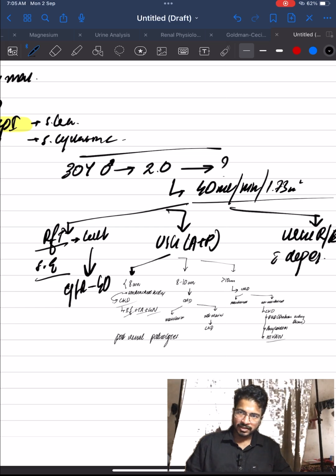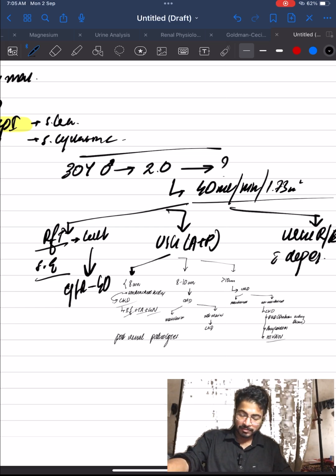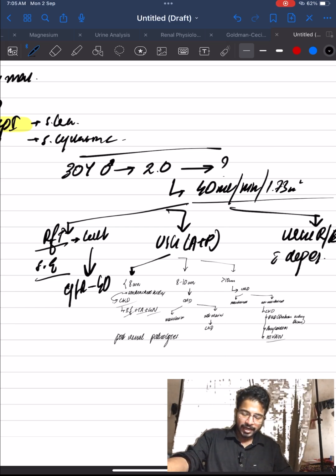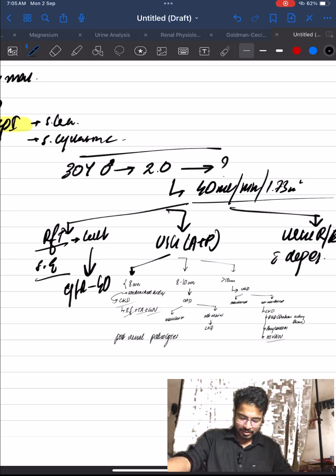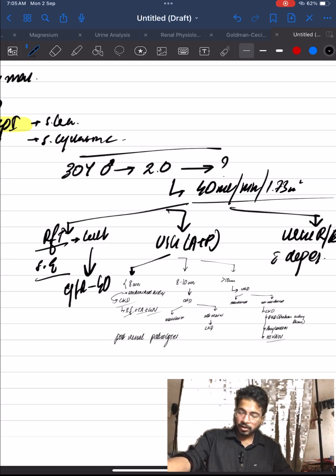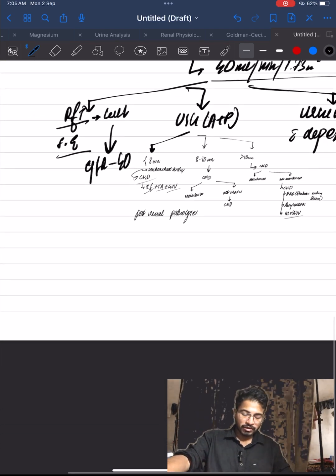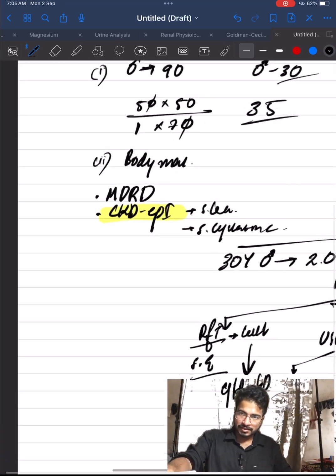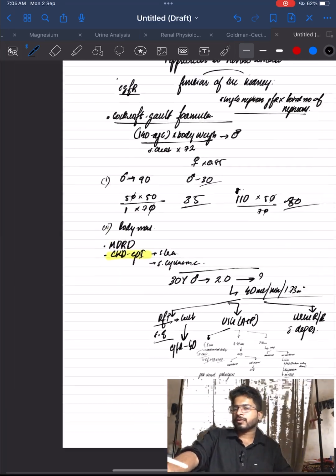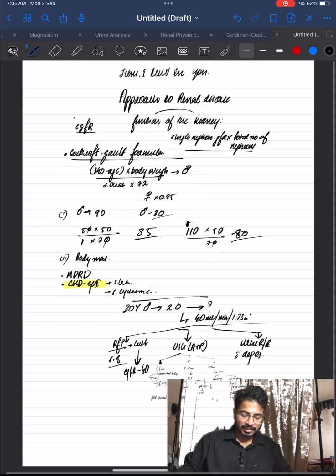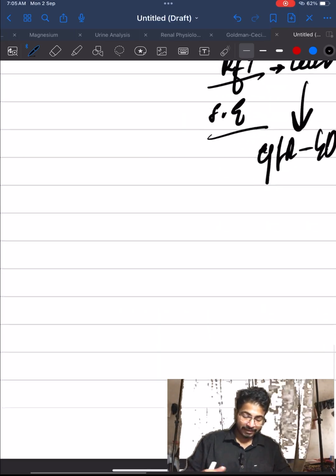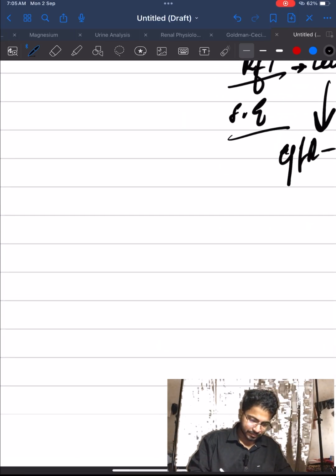You calculate the eGFR as 40 ml per minute per 1.73 meter square, and you look at the ultrasound. The ultrasound is normal. So you have ruled out CKD, and you have also ruled out post-renal. So what is left?